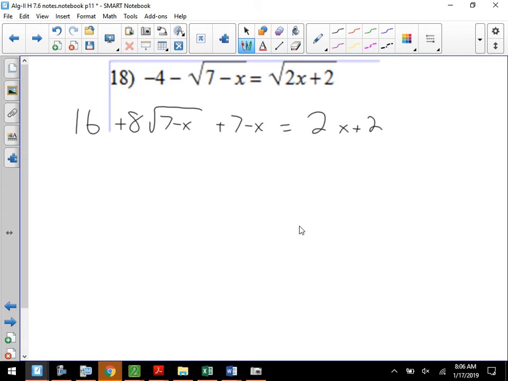I'm going to combine my terms on the left-hand side just to rewrite it first. So I'm going to have 8 square root 7 minus x plus 23 minus x is 2x plus 2. So far, so good? Subtract 23, add x.